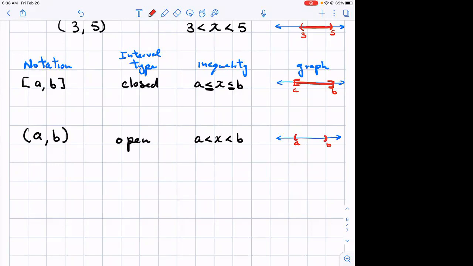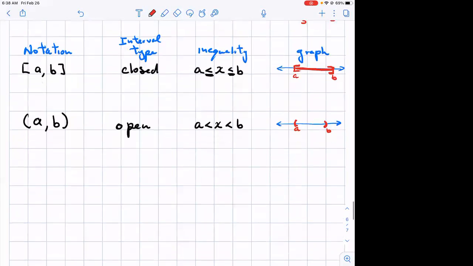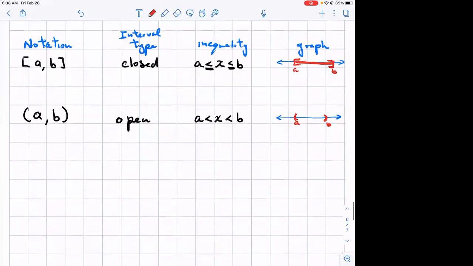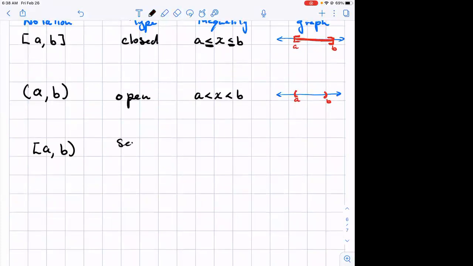We can also have an interval where only one side of it is open. For example, bracket a comma b with a parenthesis. This is semi-open. It's not fully open, it's not fully closed. I just call it semi-open.